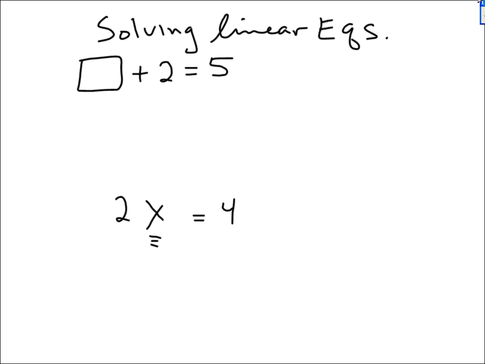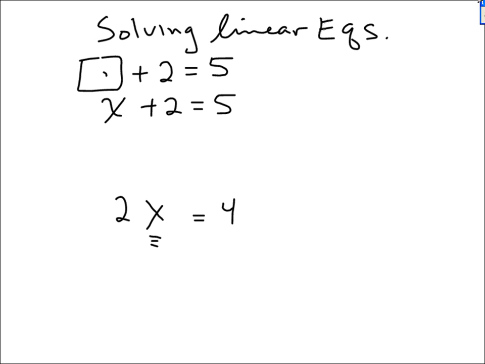The number that goes in that box is 3. That is, the box represents the number 3. The box equals 3. But if instead of box we wrote x, x just represents a number to be figured out, just like the box represents a number to be figured out.